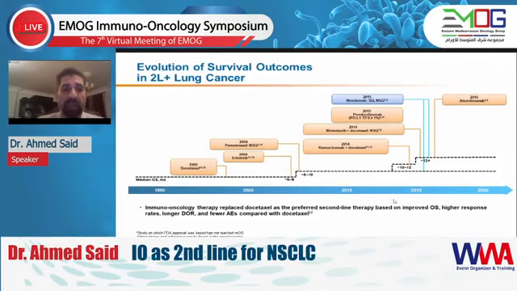And median overall survival improved with each introduction of these agents, and immuno-oncology therapy replaced docetaxel as the preferred second-line therapy based on improved overall survival, high response rate, longer duration of response, and fewer adverse events compared with docetaxel.